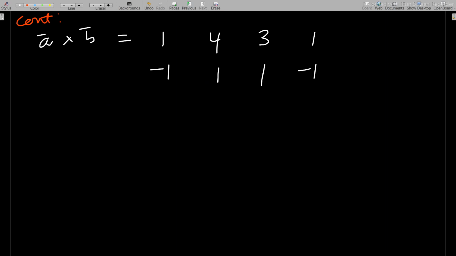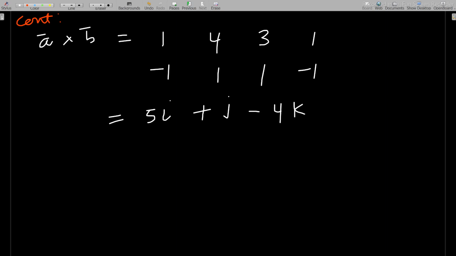So like that, this goes to that. So 1 times 1 minus negative 4, and that will be 1 minus minus 4, that will be 5i. Then plus 4 minus 3, which will give me j. Then minus, because I have negative 3 minus 1, that will be negative 4k.